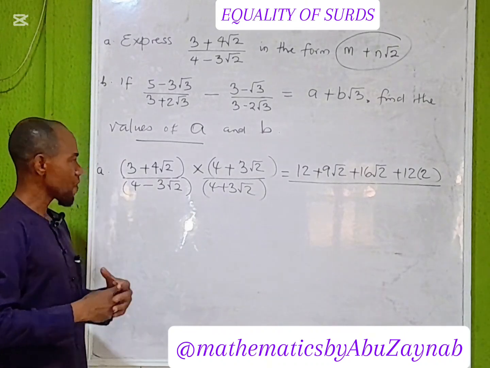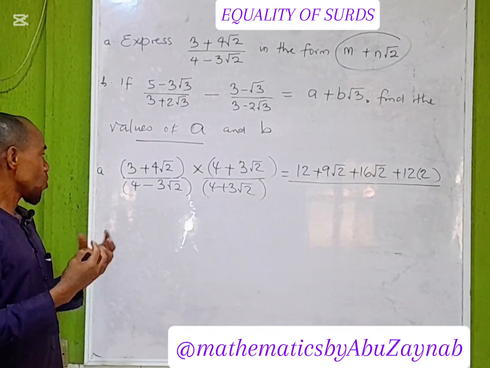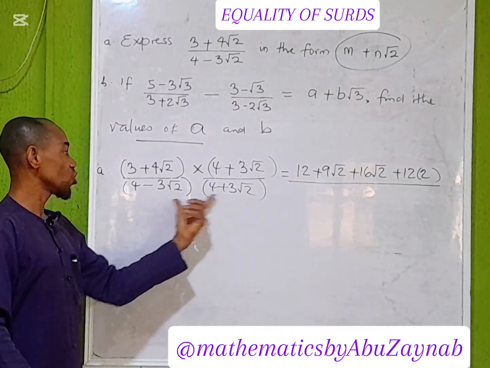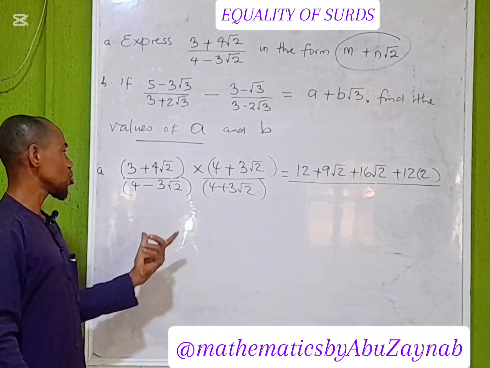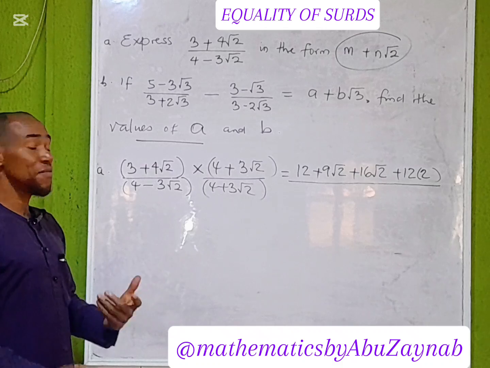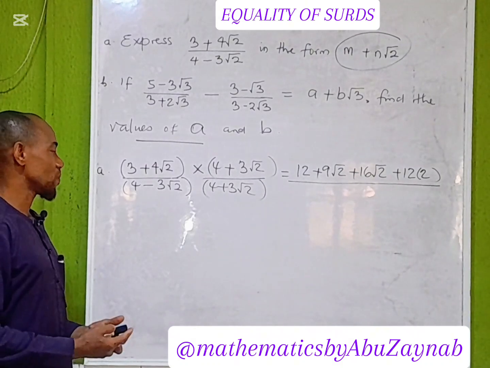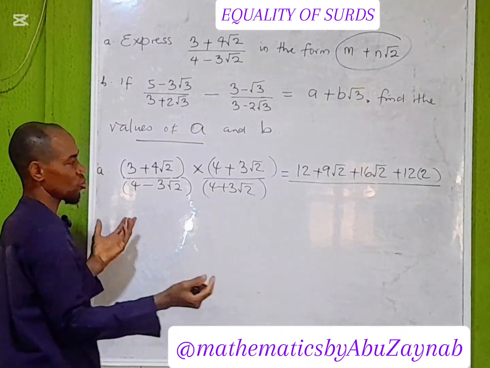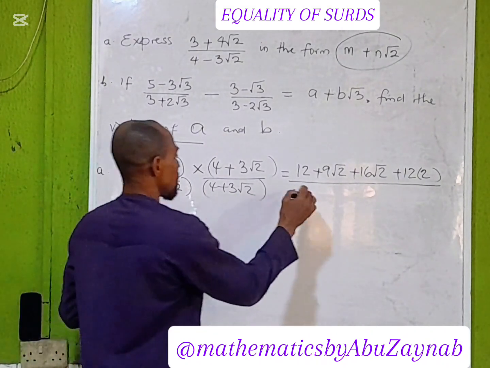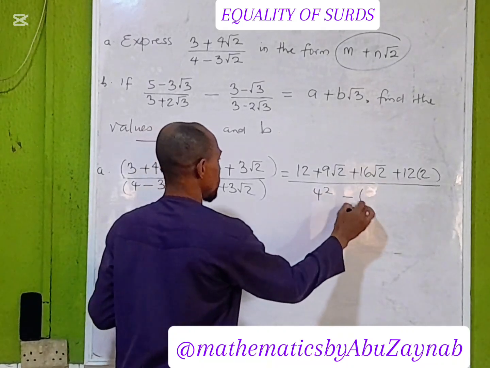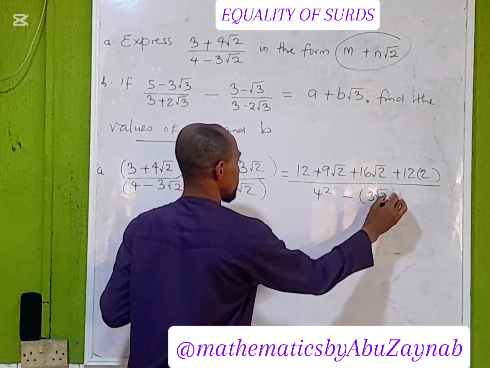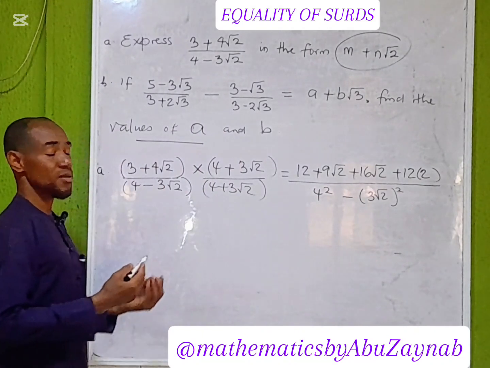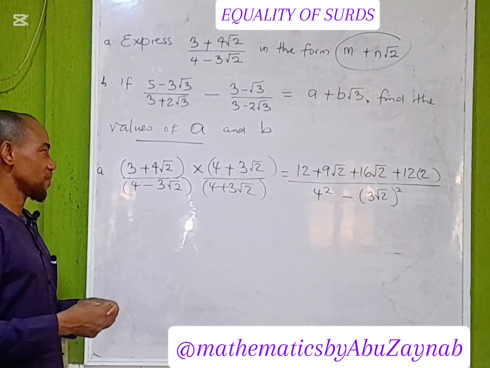For the denominator, however, if you recall from the last lesson, when you multiply conjugates, it is akin to using the concept of difference of two squares for the expansion. So you have 4 minus 3 root 2 times 4 plus 3 root 2. Simply put, it is 4 squared minus 3 root 2 squared. Don't forget, we are adopting the difference of two squares there.